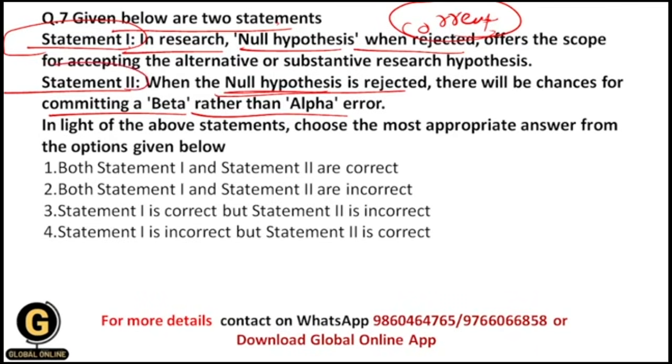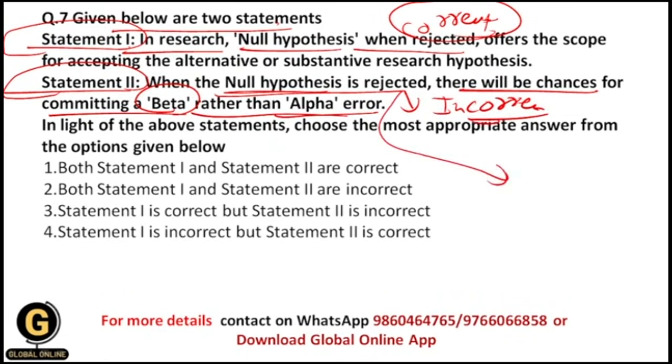But the second statement states that whenever we reject the null hypothesis, there will be chances for committing a beta error rather than alpha error. But this statement is incorrect, because as we have seen earlier in this video, whenever we reject the null hypothesis, there will be chances for occurring type 1 error, not type 2 error, because in type 2 error we accept the null hypothesis, we don't reject it.